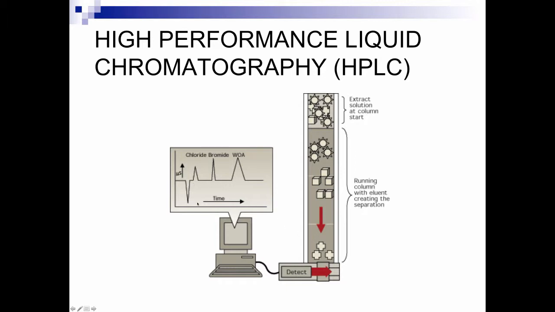The time lapse from when the sample is injected to when a particular component elutes out is known as the retention time. And each retention time is characteristic of a particular component for the same column and temperature.